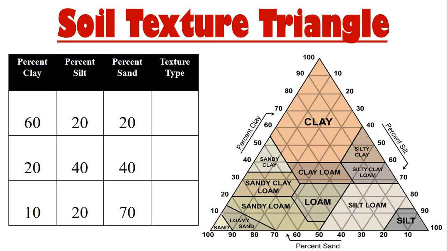So we come on the clay side, read from bottom up, find 10, draw a line. 20% silt, so we go on the silt side, find 20, and we go down. And the last one says sand, which is 70. So we go on the bottom, read till we get to 70 sand, and we draw a diagonal up. They intersect right here. So this is sandy loam.